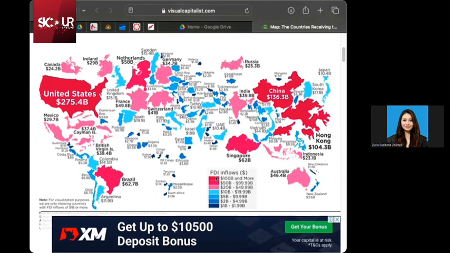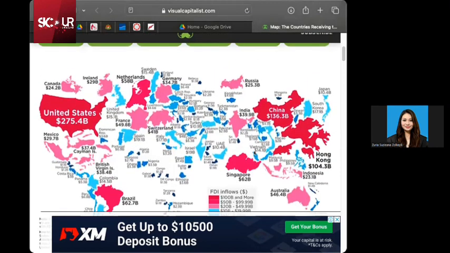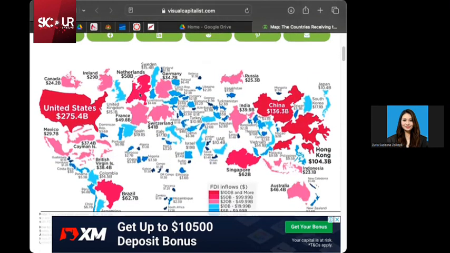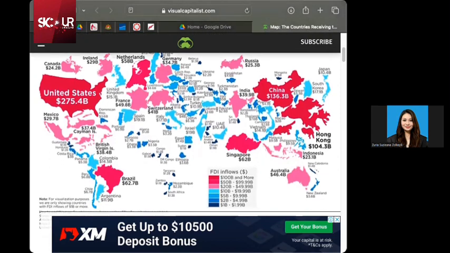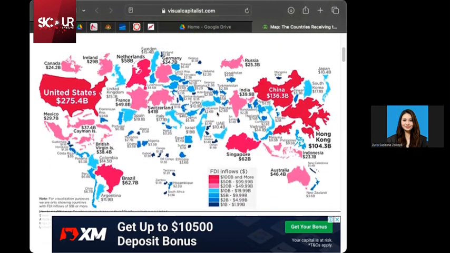So you can see here from the map, if I'm not mistaken, there are key players here: US, Brazil, China, Singapore, Hong Kong, Netherlands. These are all countries with a lot of FDI inflows.